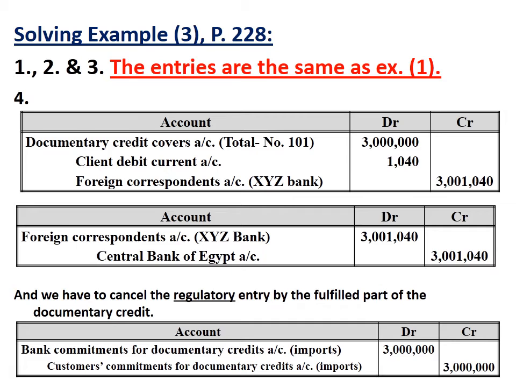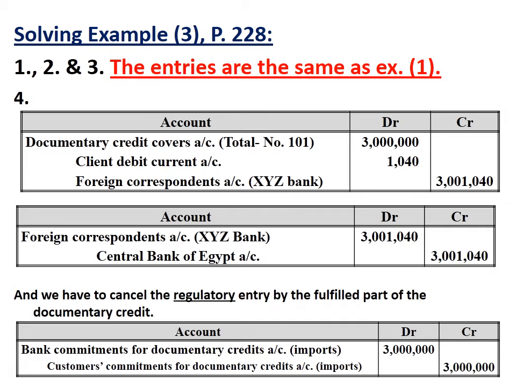Also, a notification arrived from the correspondent bank XYZ stated that the remaining of the shipment would arrive in early November 2015 and that it had settled the exporter the dues for the shipped part only, that is the 60%.